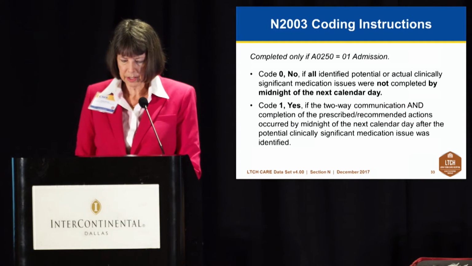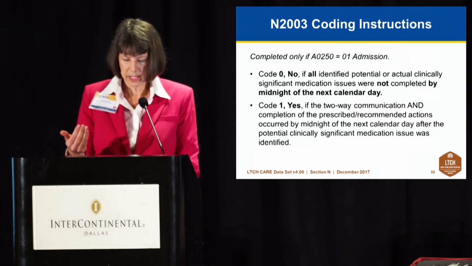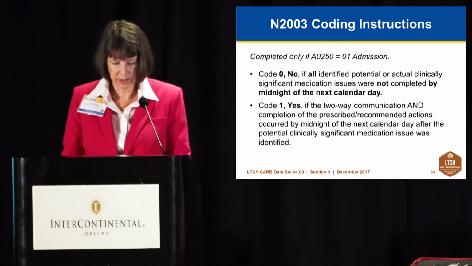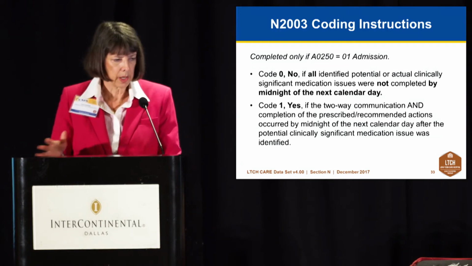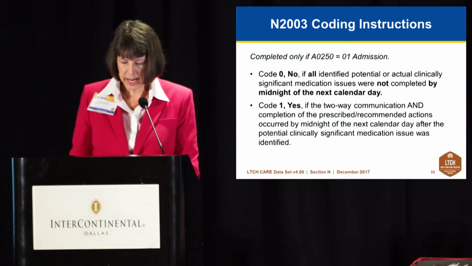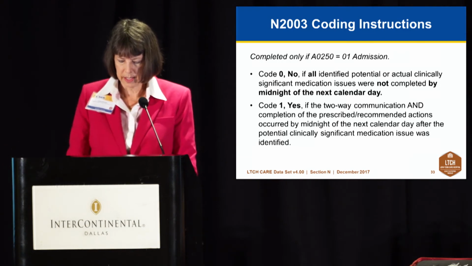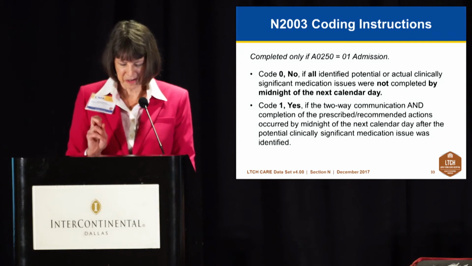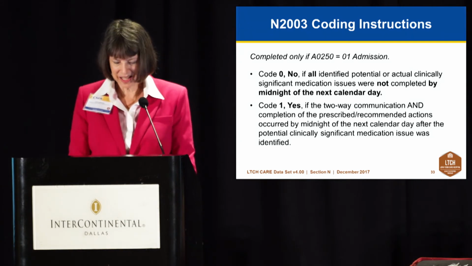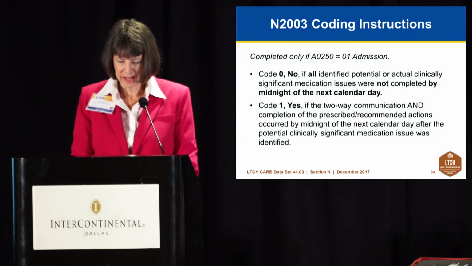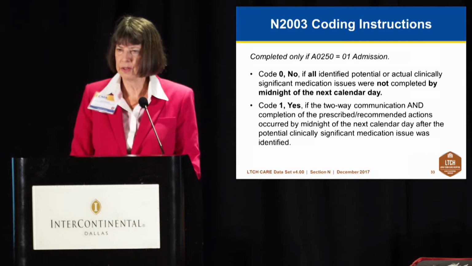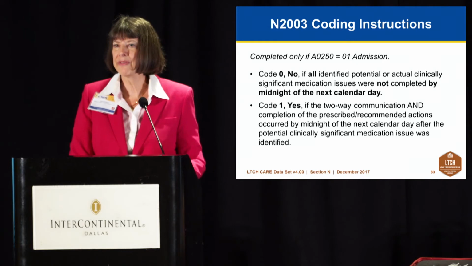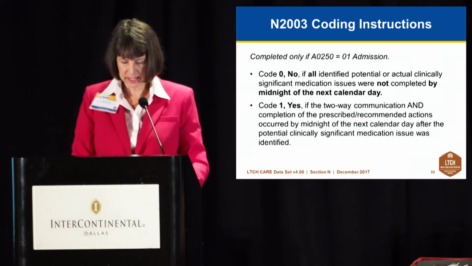There are other examples that we can give you as to why you would code 0 no for N2003. One is that the clinician did not communicate all of the identified clinically significant medication issues to the physician or physician designee until after midnight of the next calendar day.